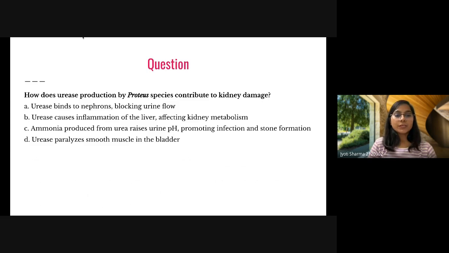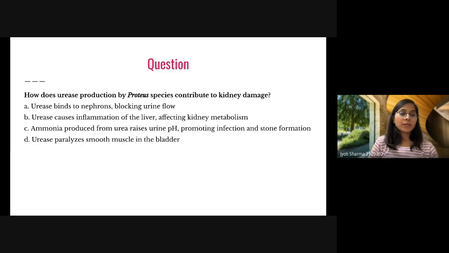The next question is, how does urease... We already have talked that this bacteria produces an enzyme, known as urease. So the question is, how does urease production by Proteus species contribute to kidney damage?